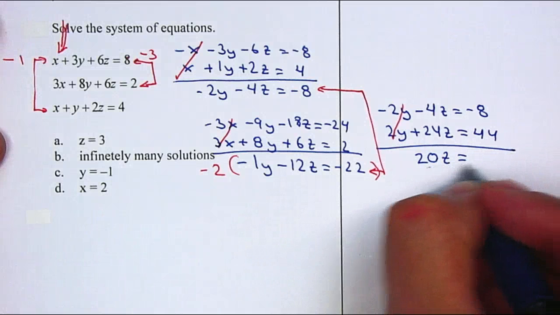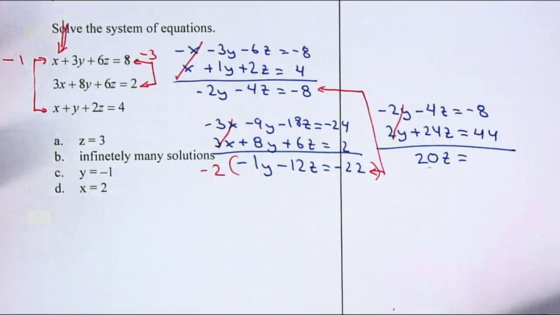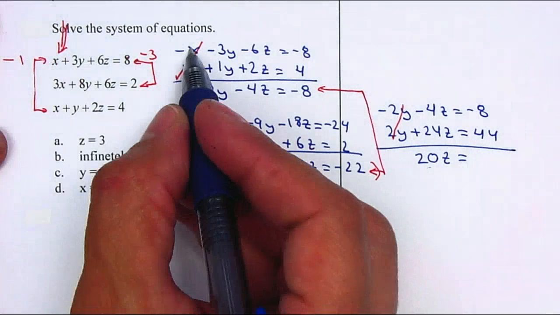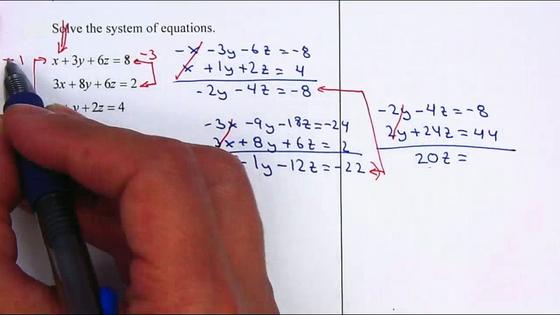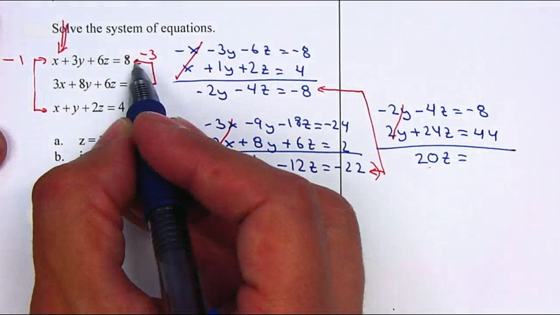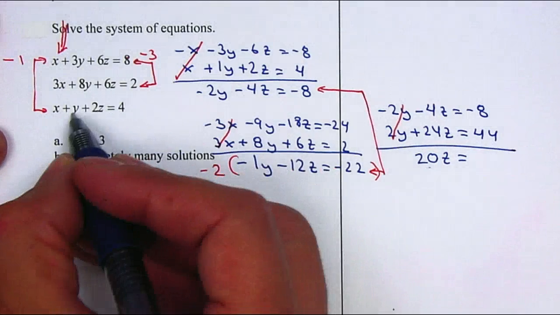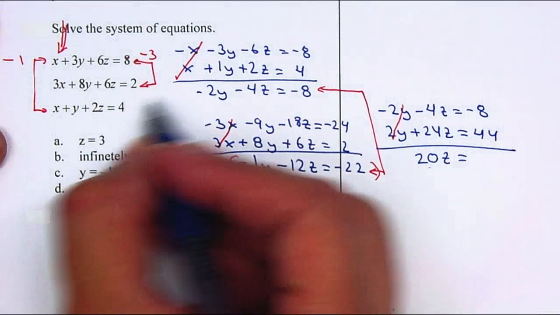It won't give me a whole number. So I need to go back and check and see, okay, what did I do wrong? And the steps to go through the process, just say, okay, did I multiply correctly? That's -1, that's -3, that's -6, that's -8. So that one's fine. Let's check x, y, z, 4.